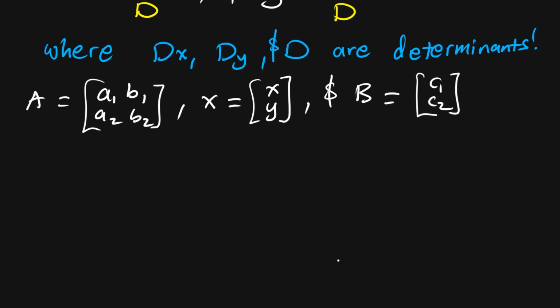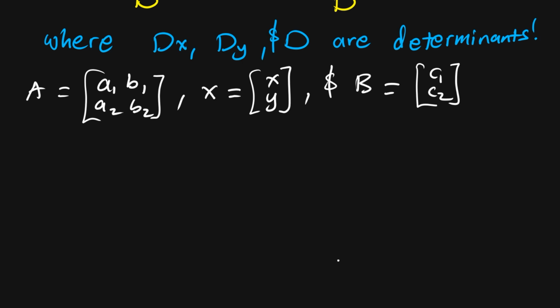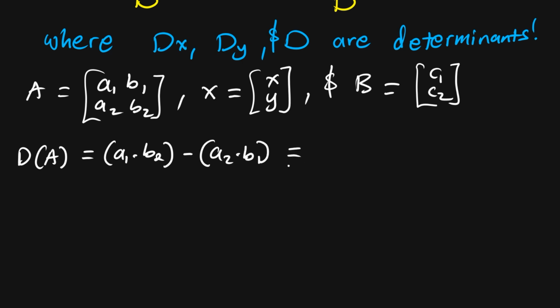But from matrix theory, a determinant is obtained by subtracting the product of elements on the minor diagonal from the product of elements on the major diagonal. So for this matrix A, determinant A will equal the product of elements on the major diagonal, which is a1 times b2, minus the product of elements on the minor diagonal, which is a2 times b1, and this will equal D. This will give us the value of D.